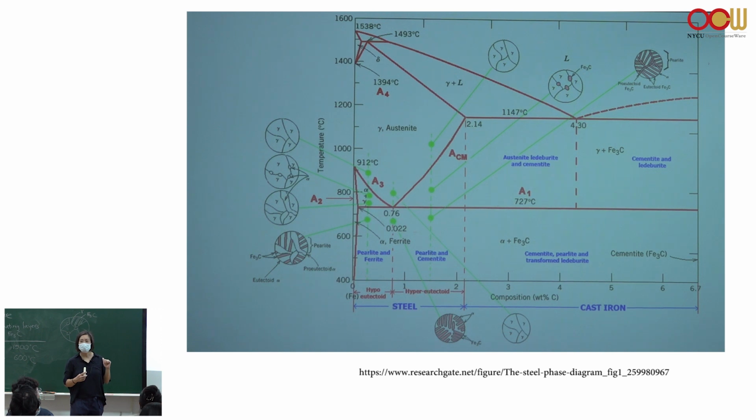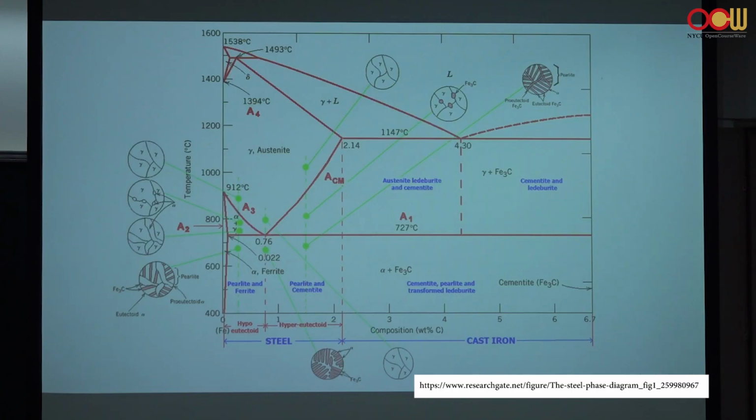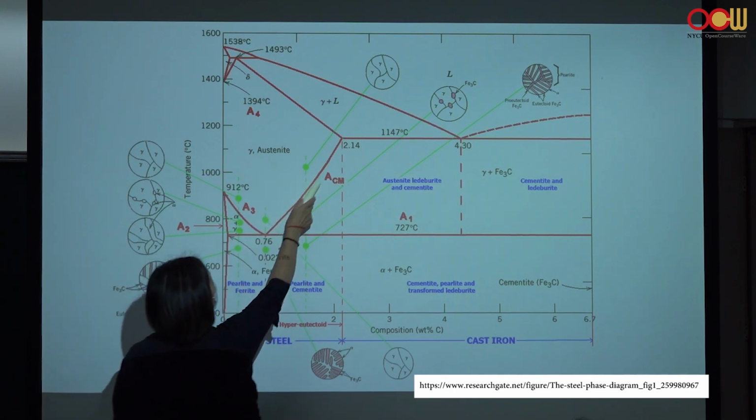Would you expect your gamma phase or the austenite phase to become more or less or the same? Would you have more austenite phase at the higher temperature, at the lower temperature, or would you have the same amount of austenite phase? It'll become less. As you lower the temperature, you'll actually have a smaller amount of austenite phase, and you could tell because of this line.